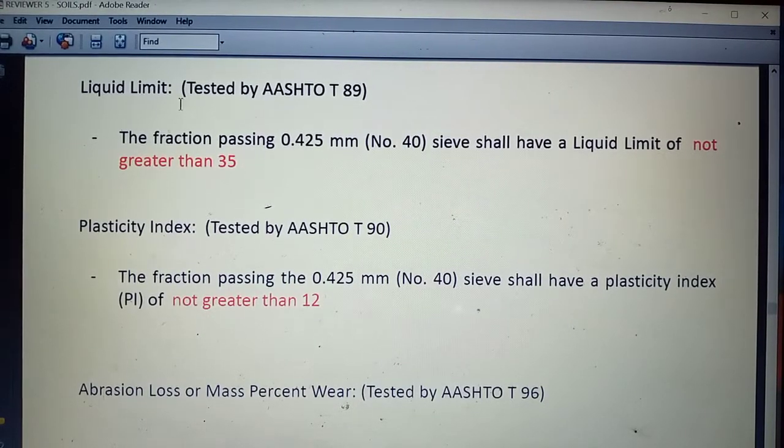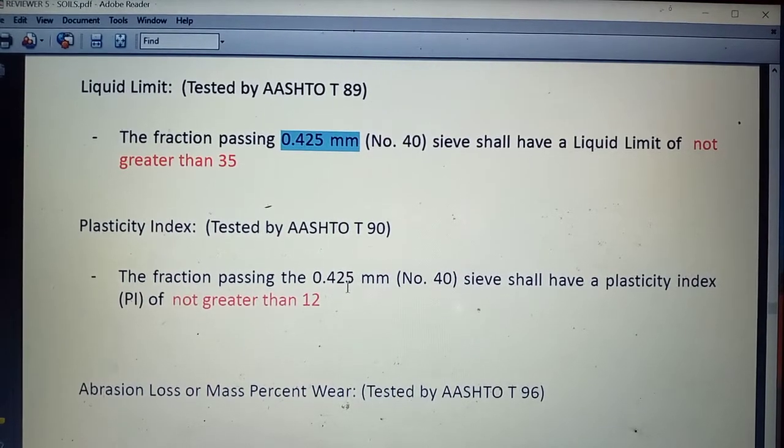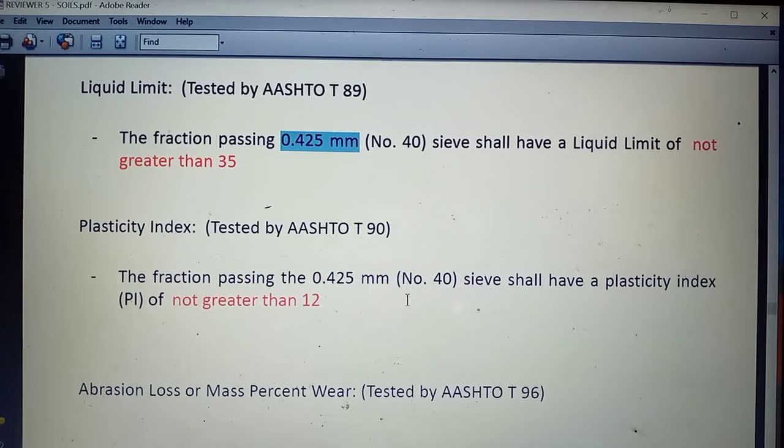Meron din tayong para kay liquid limit at plasticity limit, which is tested by AASHTO T89 and AASHTO T90 sa plasticity index. Hindi ka dapat lumagpas ng 35 yung liquid limit para sa portion of aggregates that pass 0.425 mm or number 40 sieve. Ganon din kay plasticity index, or AASHTO T90.